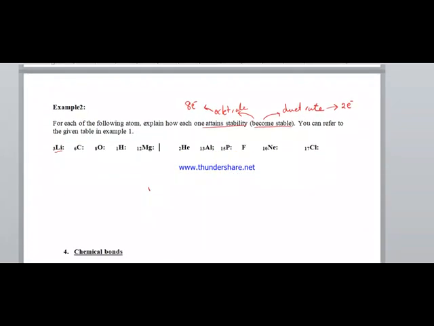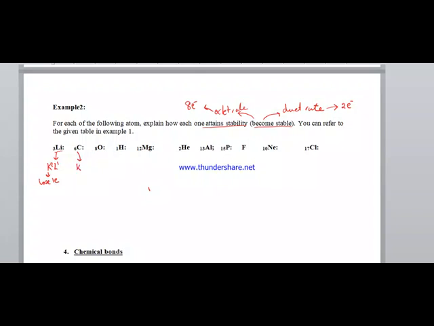Let's turn back to the example for the lithium atom. Lithium is K2L1, so it loses 1 electron to be stable.